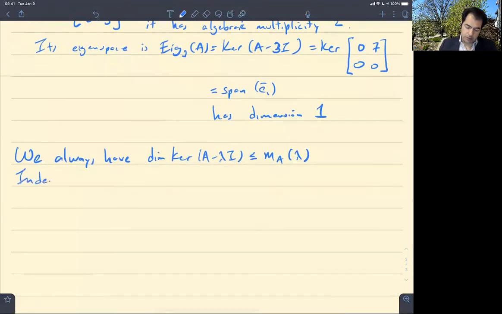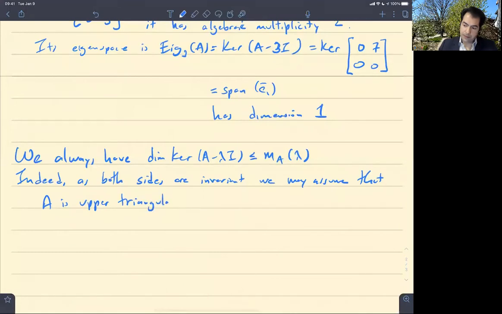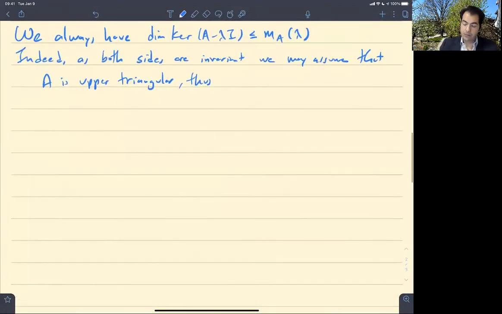Indeed, as both sides of this inequality are invariant, we may assume that A is upper triangular. Because it's upper triangular, it's easy to see that the rank of A minus lambda times the identity is at least the number of non-zero diagonal entries.